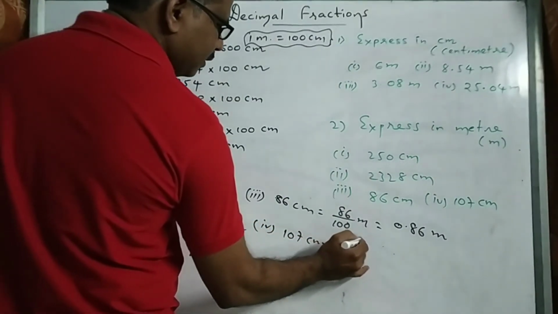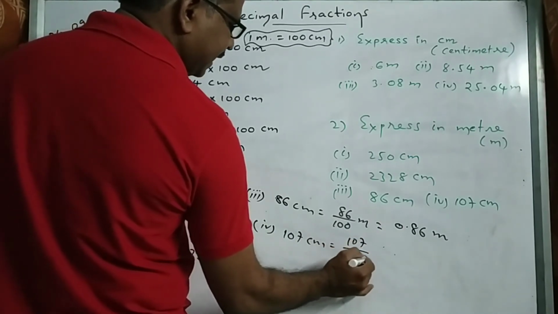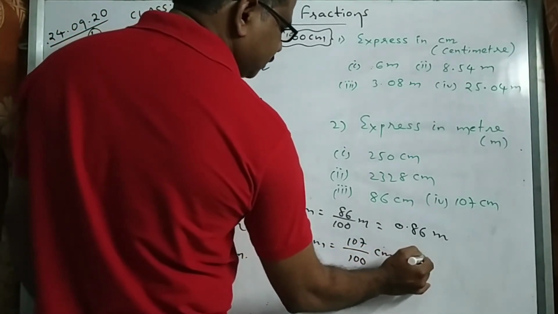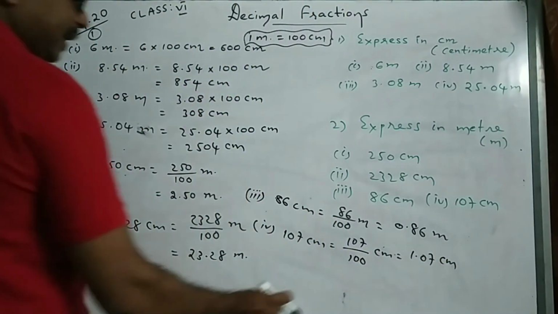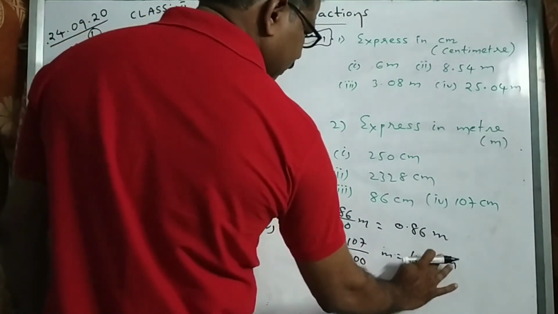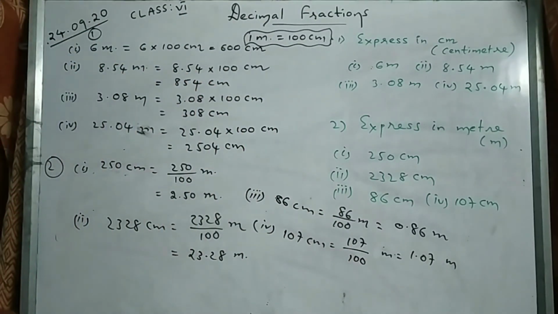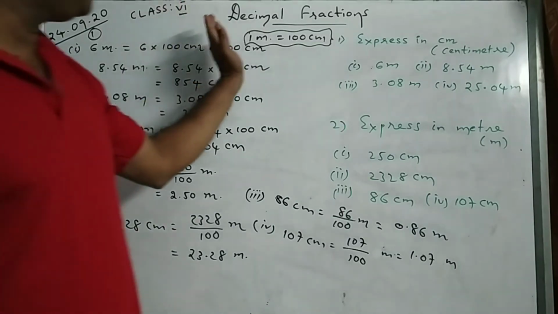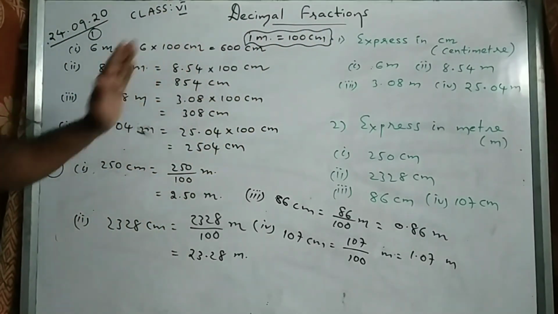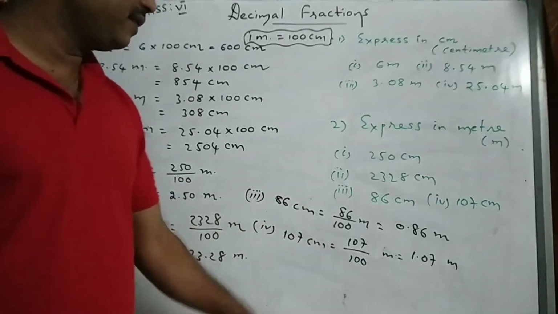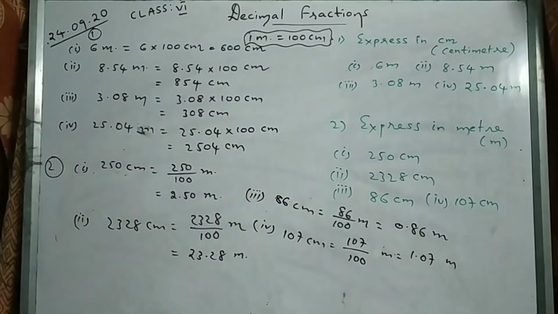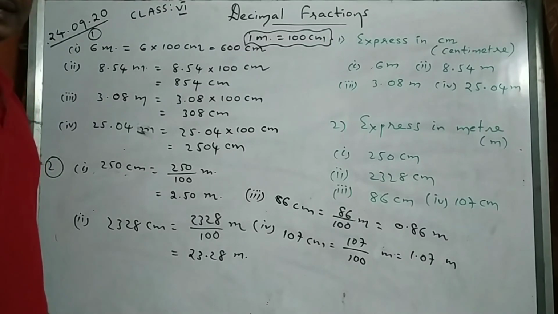That can be 107 by 100, that means 1.07 meters. Sorry, we are changing them into meters. So what should you remember here? To change meters into centimeters, multiply with 100. To change centimeters into meters, divide by 100. Got it? So we will see some more models in the next class. Thank you.